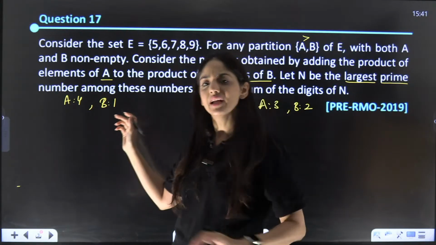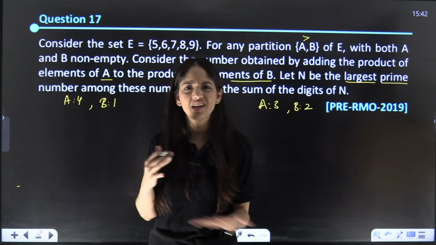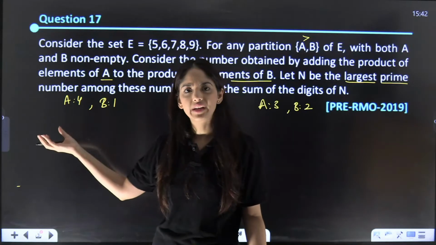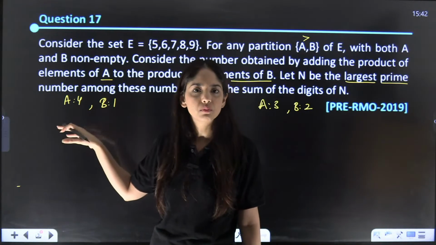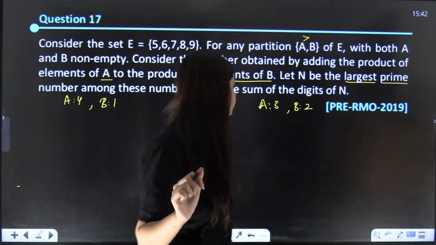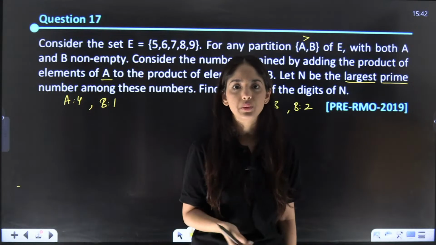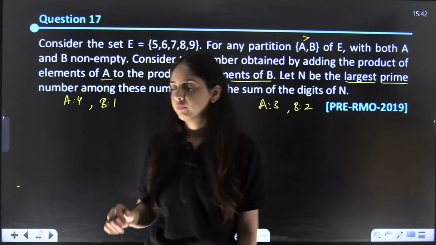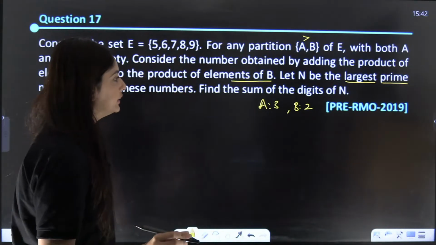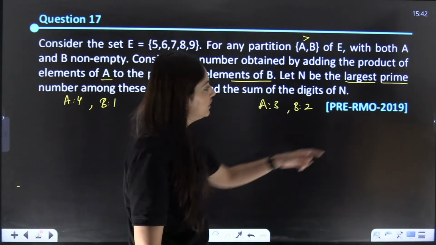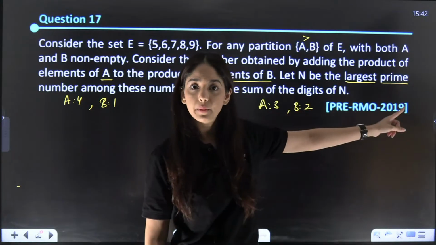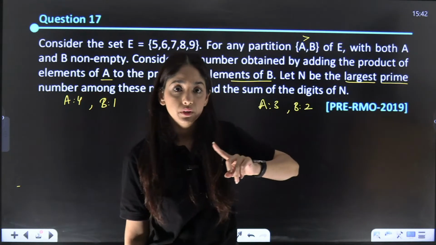Now assuming that A has more, because it doesn't matter which one we are taking first. Even if B had more, it didn't matter. We need the largest prime number. It doesn't matter how many ways we can partition this. Now, an important thing here is we need a prime number, right?